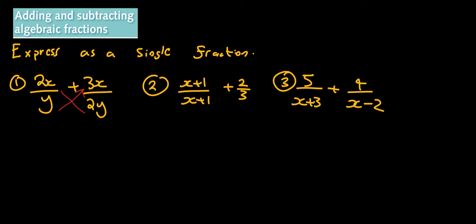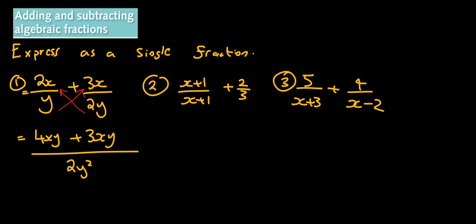So we cross multiply and we get 4xy plus 3xy all over 2y squared. We can take out an xy to give 4 plus 3.